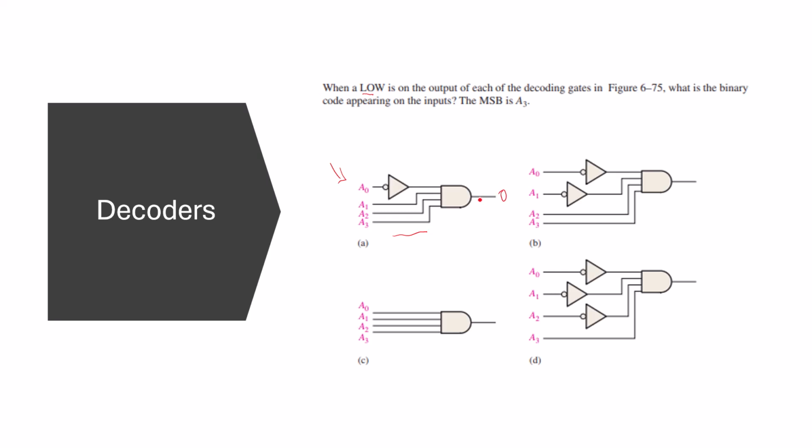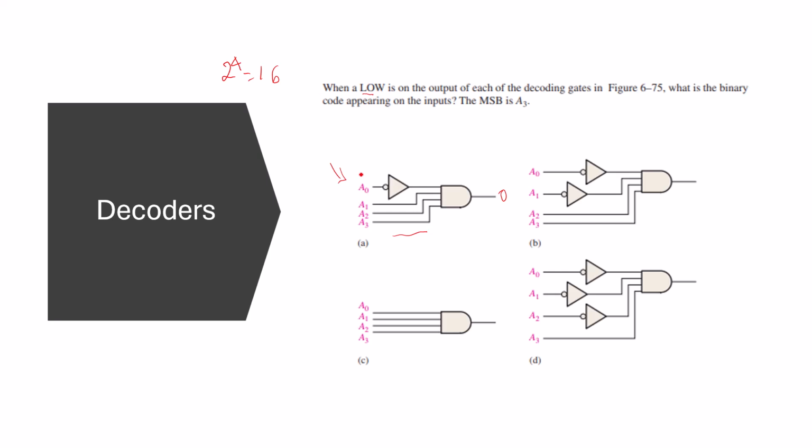All right, and the answer is simply all combinations. What I mean by all combinations, since we have 4 inputs, then we know that the number of possible messages will be 2 to the 4, which is 16 of them. So since the output, we are concerned about the low, then there must be 15 messages.